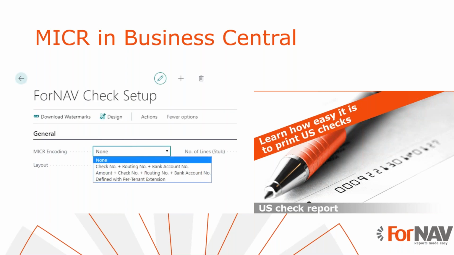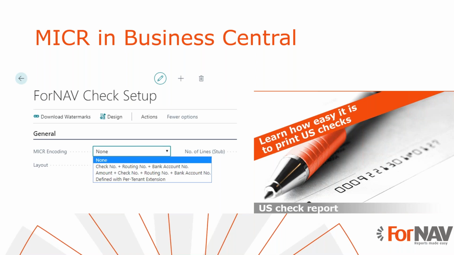We try to make check printing as easy as possible, and in order to do that, we have done much more than just implementing MICR fonts. We ship the product together with an easy-to-use check report. And that check report allows you to print the MICR with check number, bank routing number, and bank account number. But if you want, you can also add the amount.